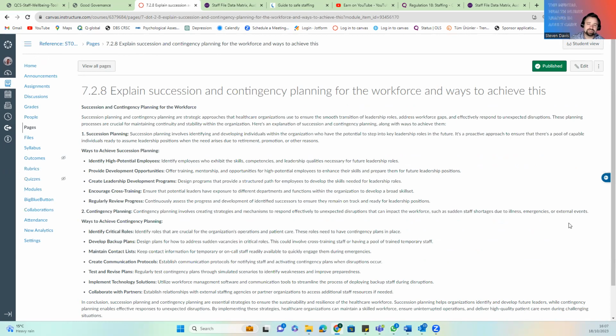Explain the succession and continuity planning for the workforce and how to achieve this. So we spoke earlier about your workforce contingency planning. Again, it's not a new thing.